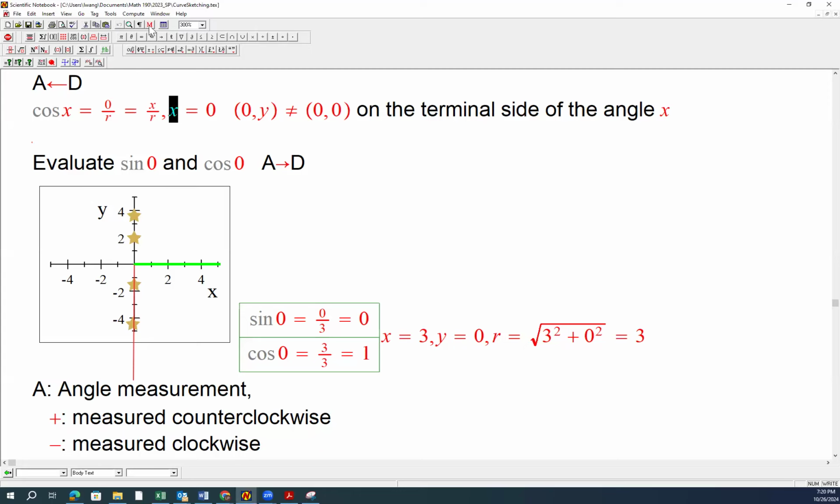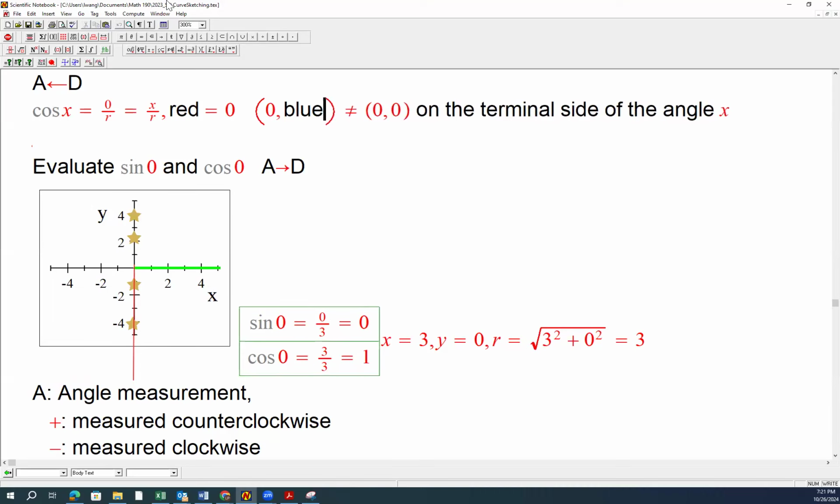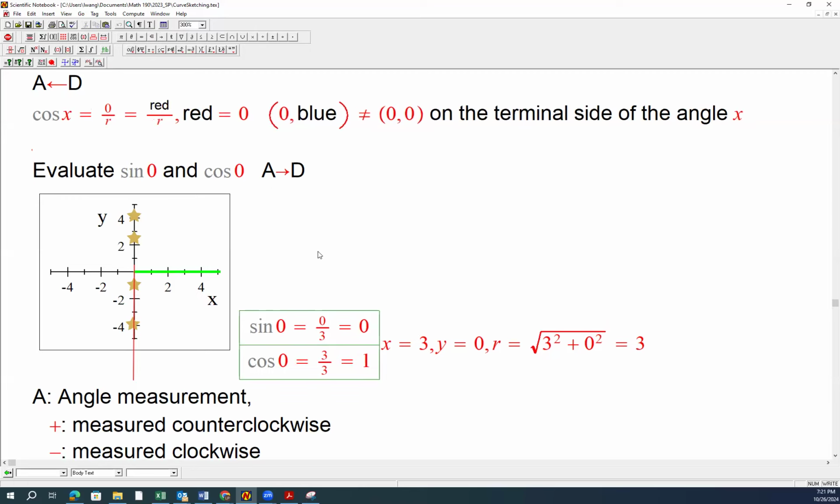In my lesson, x is red and y is blue, so it will not be confused with the x here. This x means angle. I'm sorry that that causes confusion.